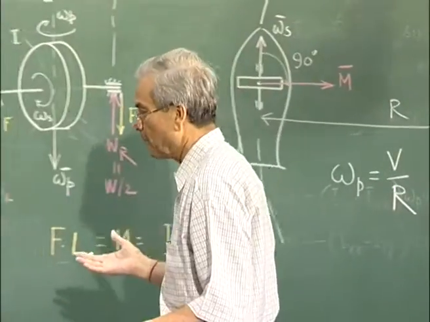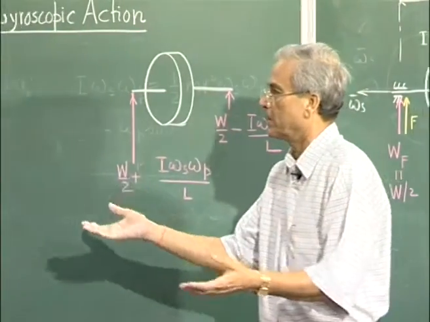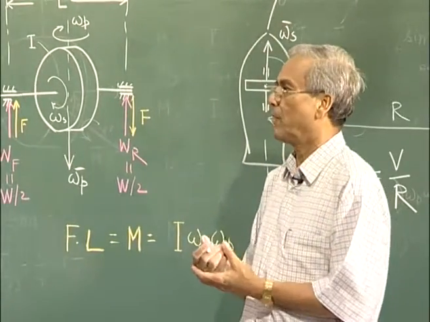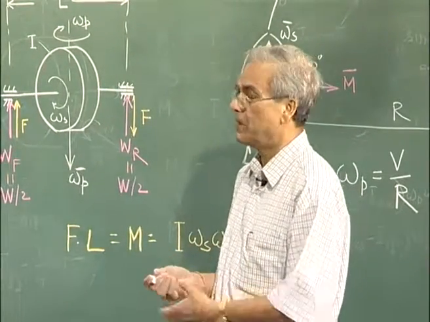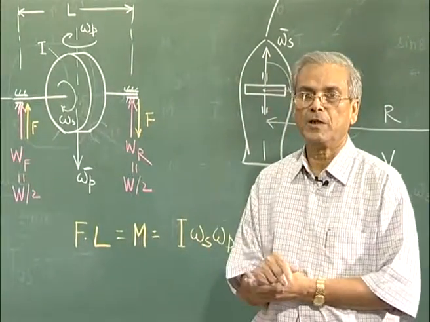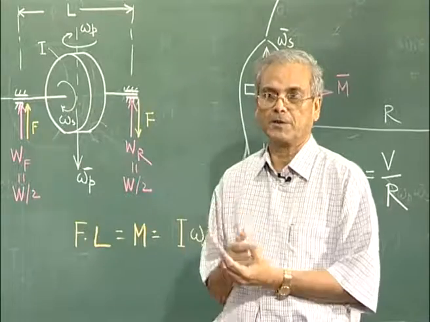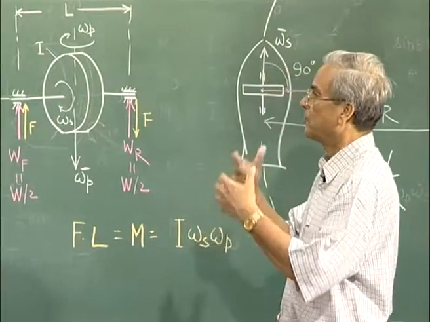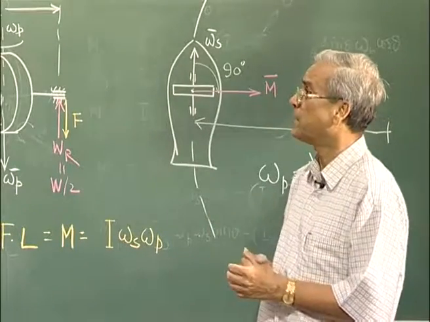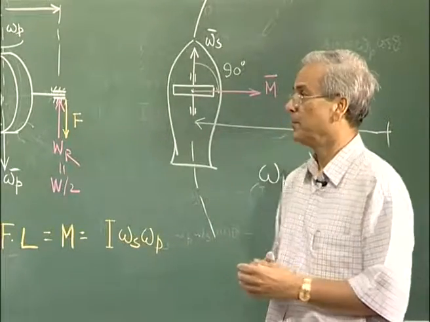There are many examples where you will find this, like a flywheel of a car, which is quite heavy and rotating at a high speed. So, when the car is taking a turn, the gyroscopic action will change the bearing reactions, and that excess force which gets generated due to the gyroscopic action needs to be taken into account while designing the system.